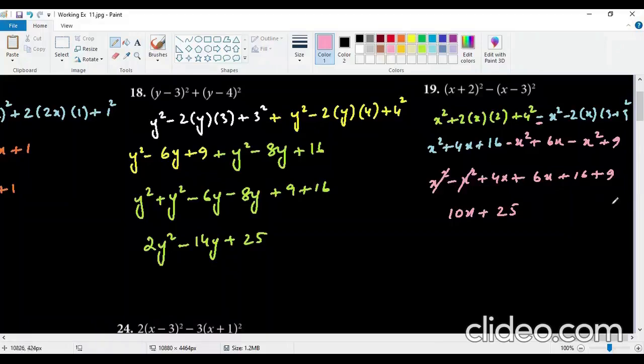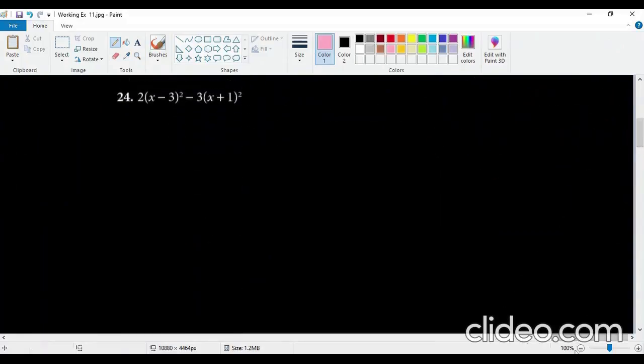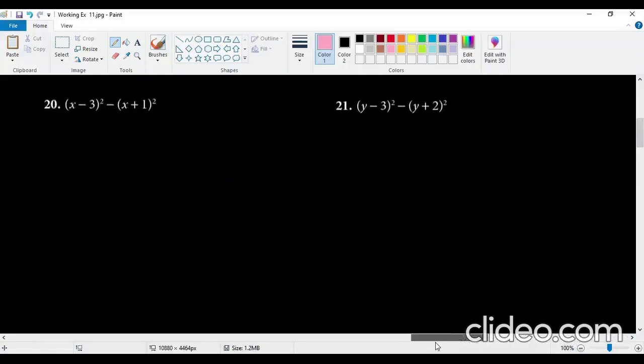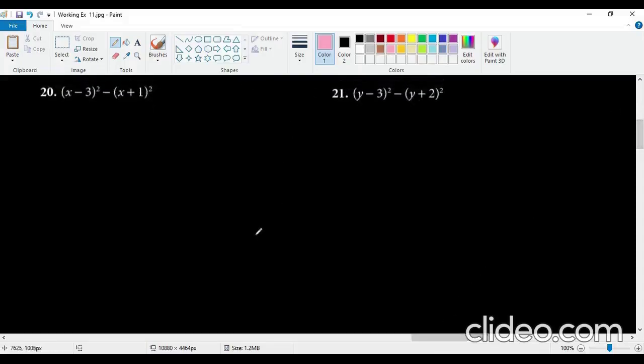Moving on to the next question, which is question number 20. Yes, 19 is done, and we are on question number 20. So now in here, I will use the same trick, a square minus 2ab and plus b square.